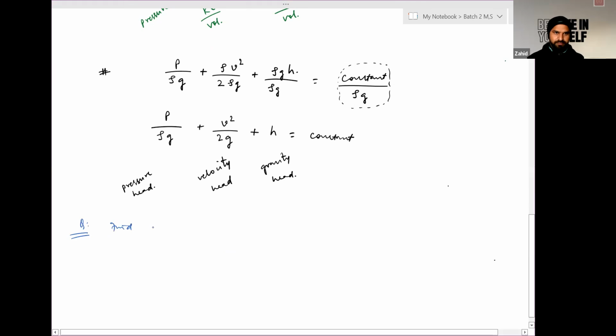Find the velocity of water in a tube for which the gravity head will be 20 centimeter.